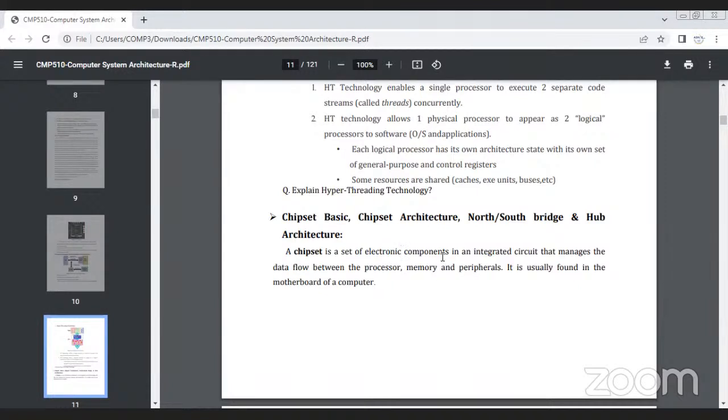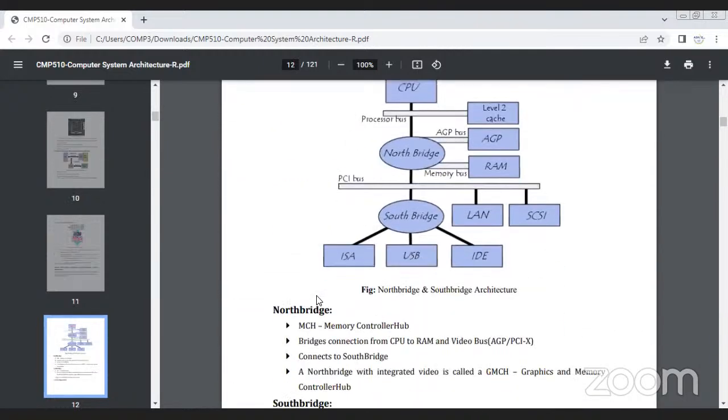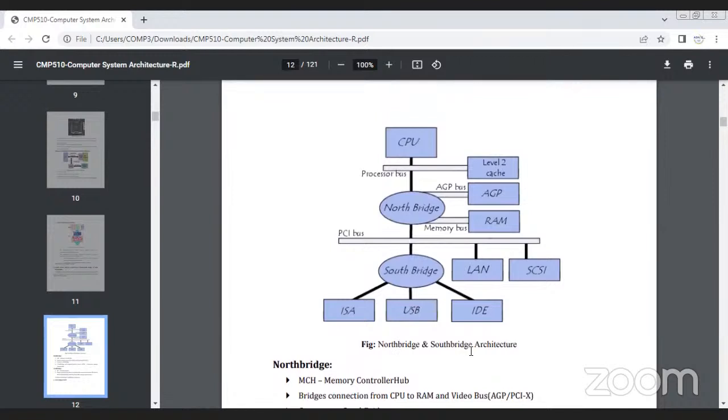It is usually found in the motherboard of the computer. So this is the north bridge and south bridge architecture.